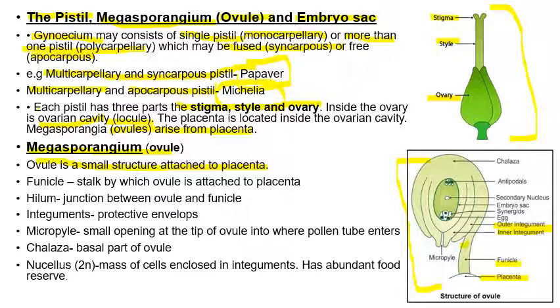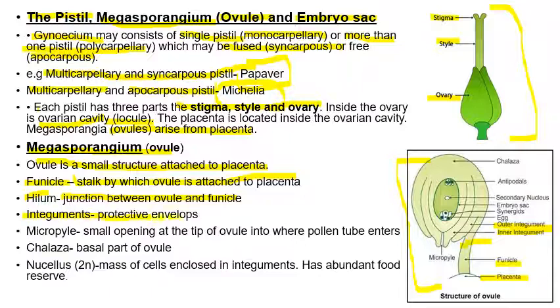There are many more examples that you will learn in higher classes. Here we'll discuss the main parts. The funicle is the stalk by which the ovules are attached to the placenta, and the hilum is the junction where the ovule and funicle are joined together. Then the integuments: as we have discussed, there are outer and inner integuments.